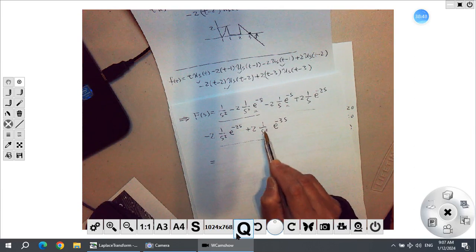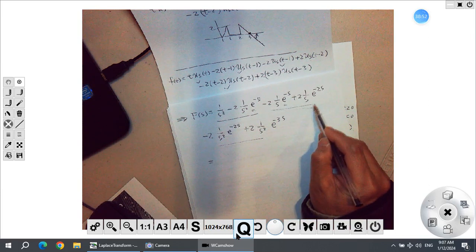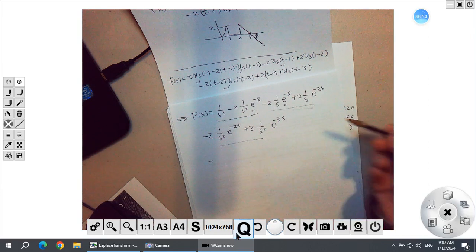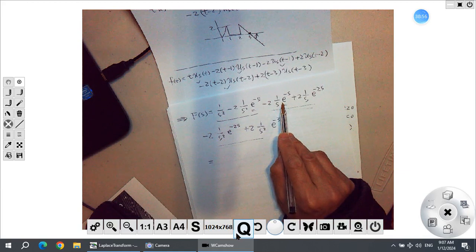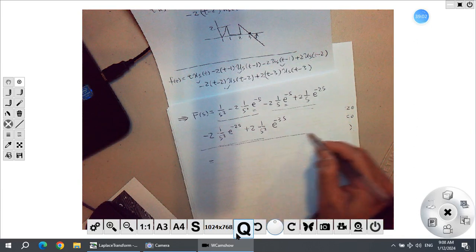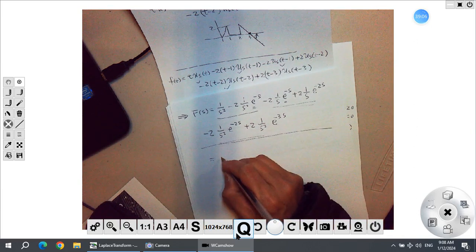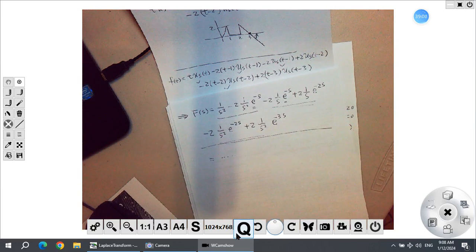I can put all the s squared terms together and the s terms together. Then you have one way. You can also put e to the negative s together, e to the negative 2s together. Then this one, I can just keep it. Yeah, it's fine. Doing some simplification is also fine, but it seems the simplification is still not really simple. So okay, just keep it.